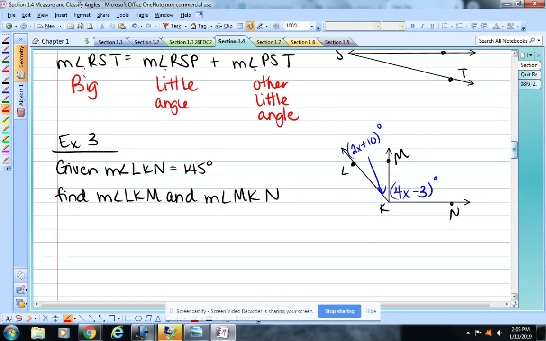Yeah, and we're doing it with angles. We're going to do the same thing we did with angles as we did with segments. So everything we did with a segment, we're going to do it with an angle now. But yeah, this is still two little angles making a big angle. Just like it was, except the picture just turned a different way. And the angles might be bigger or smaller. See, like this whole thing looks like an obtuse angle, right? The whole thing looks more obtuse. The other one was all acute angles.